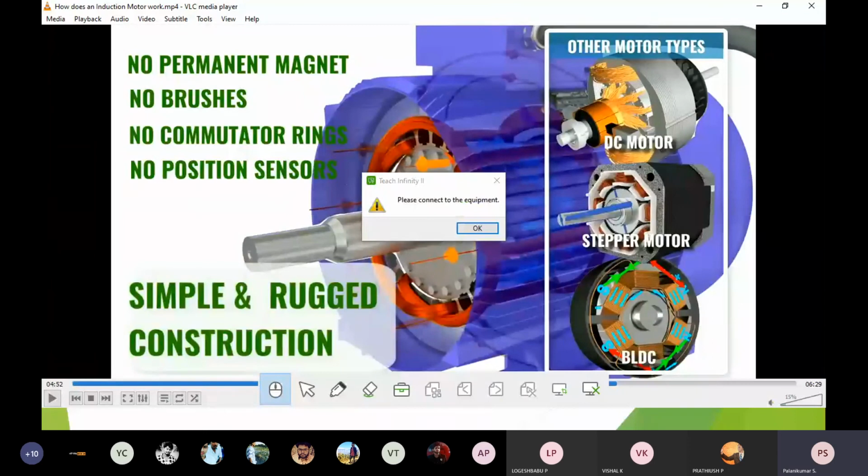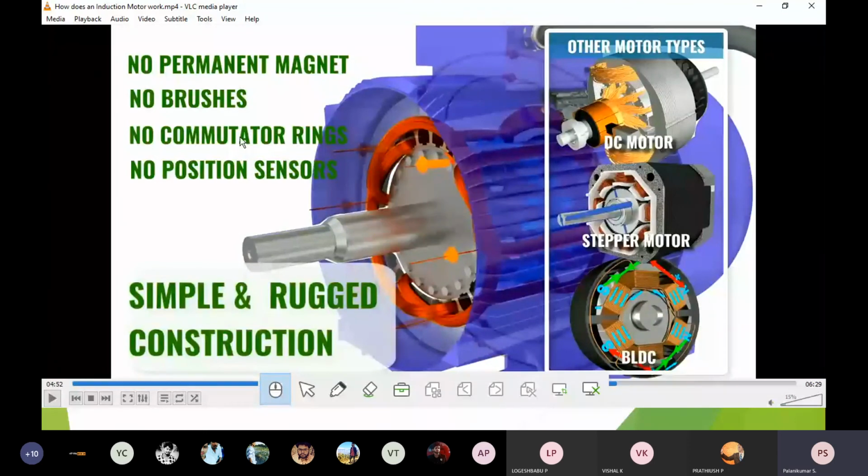If you use a DC motor, there is the question of whether to use a permanent magnet or an electromagnet, and there is no way to avoid the brushes and commutator rings. When you want to control the speed, you need position sensors, so all the complexity comes into the picture. But all that complexity can be avoided if we select the induction motor.